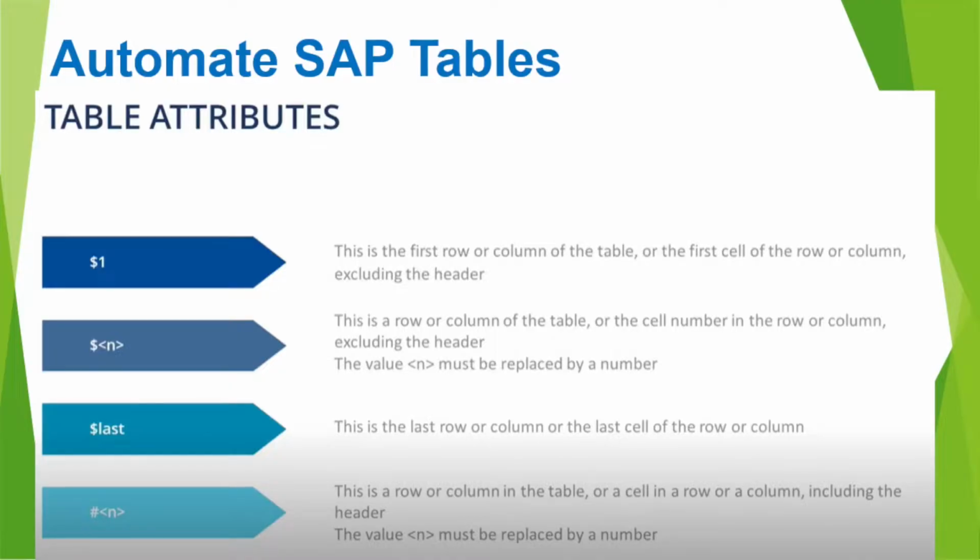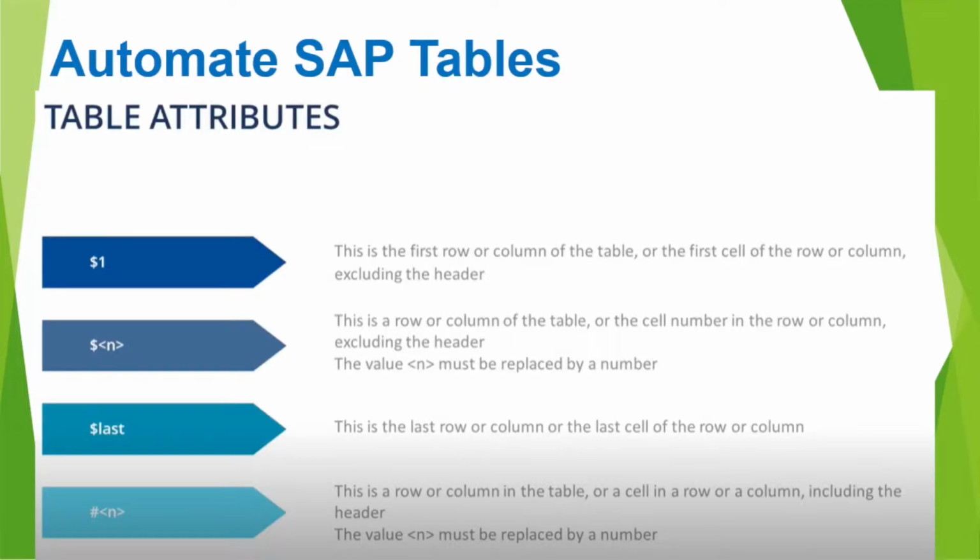Whereas if you specify it as #1, then this is a row or column in the table including the header. $1 excludes the header, #1 includes the header. So $n is your nth row or nth column, which excludes your header. #n is your nth row or column which includes the header.